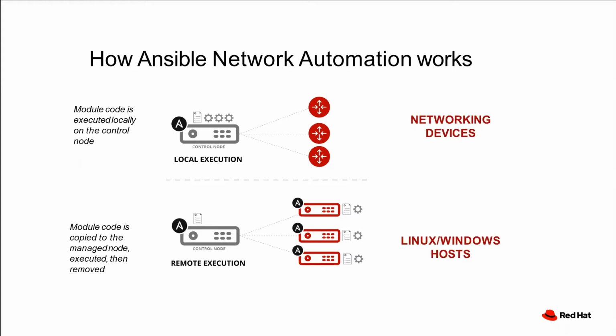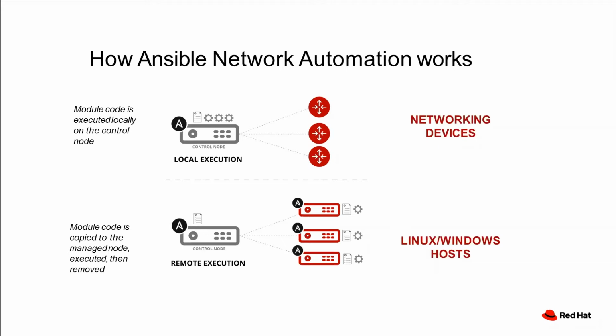If we're using Linux or other Unix systems, we'll use SSH. If we're using Windows, then we use WinRM or other ways to connect to that host. Then the code that's going to be executed is copied to the host in a temporary file. It's executed, and once it's completed, it will remove that code from the node.